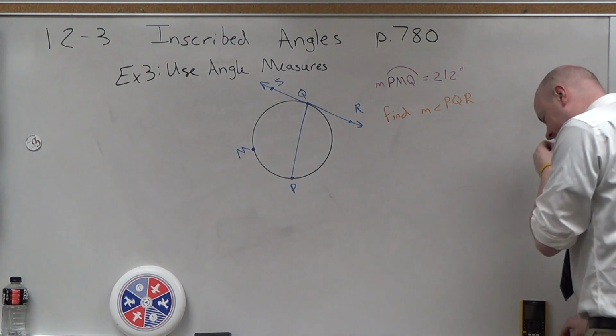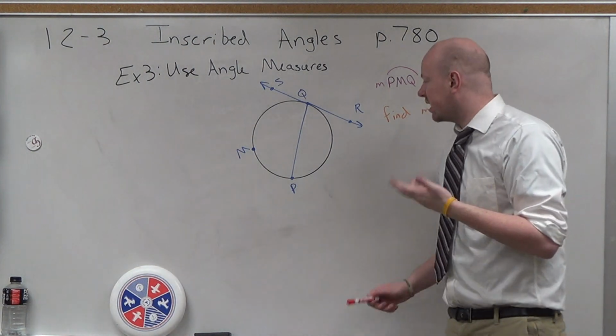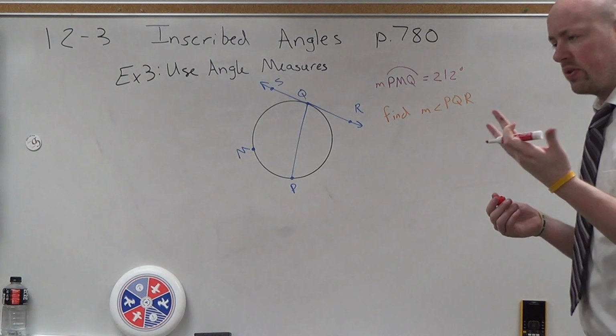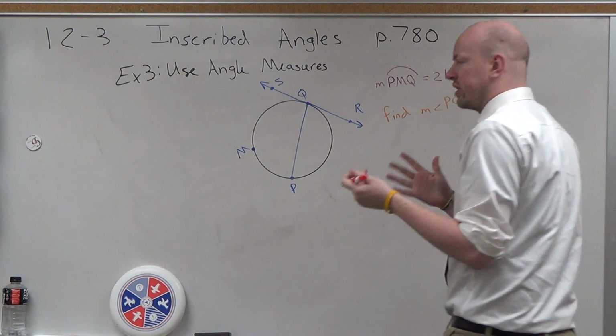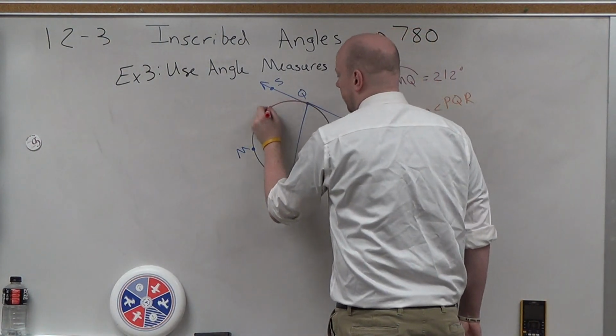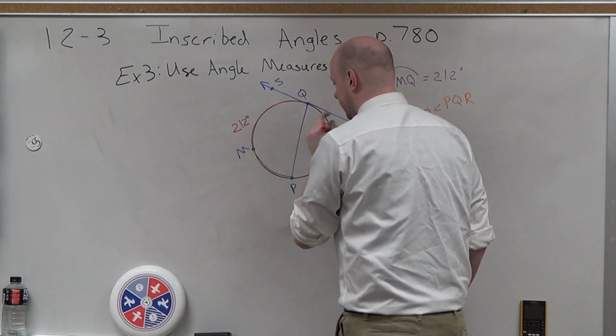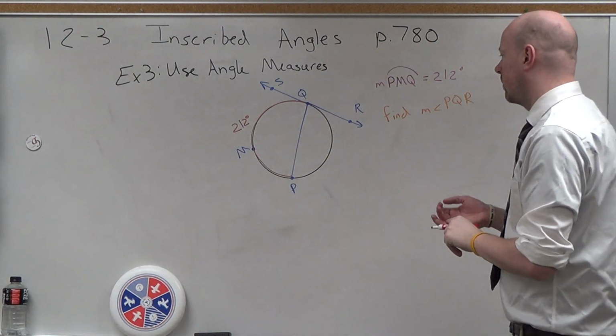Okay, so there's two ways we can go about finding this. We'll cover both of them here. They both start the same way. We would label that this is 212 degrees. Okay.